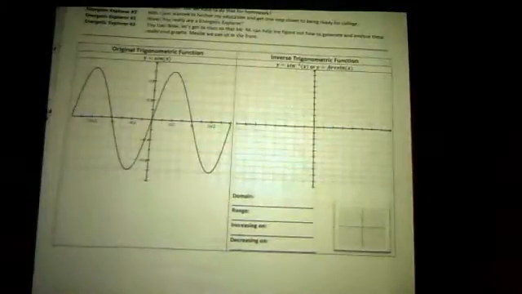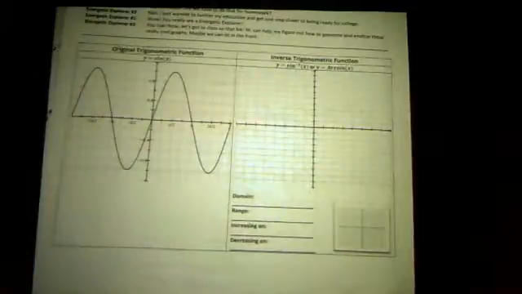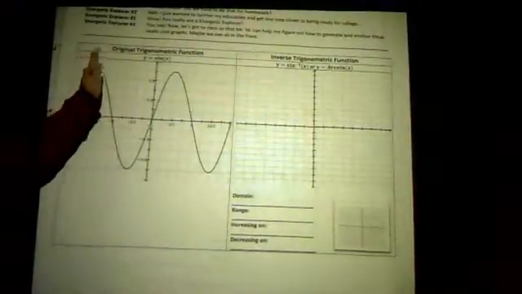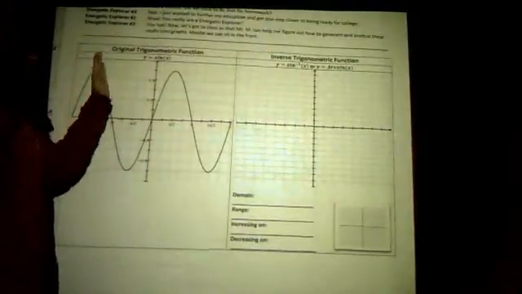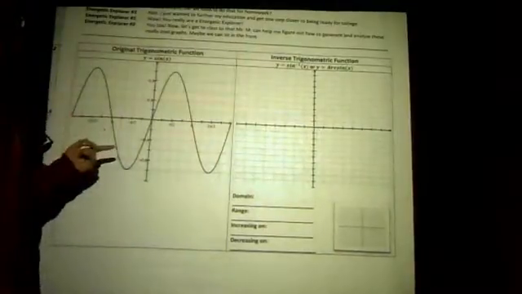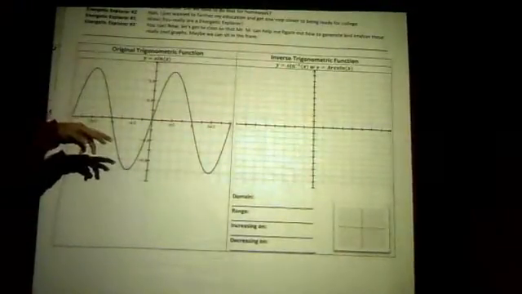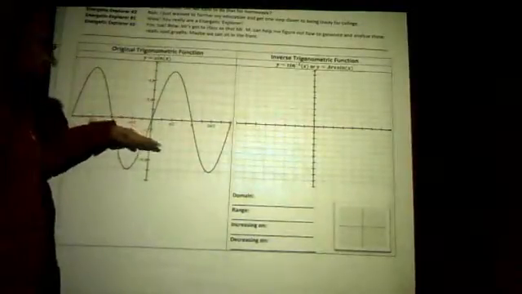In order to generate a graph for the inverse trig functions, we will need to restrict the domain of the original function. Remember how we said that to find whether this is a function, all we have to do is our vertical line test. Well, to test whether this function's inverse is a function, we do the horizontal line test.